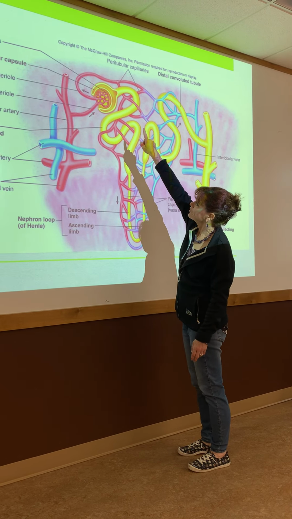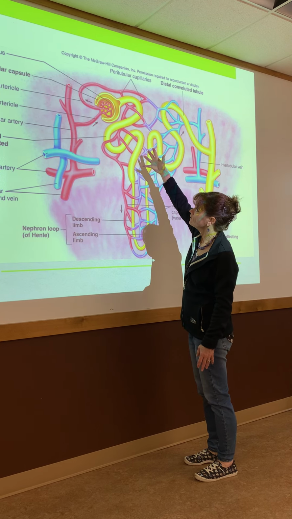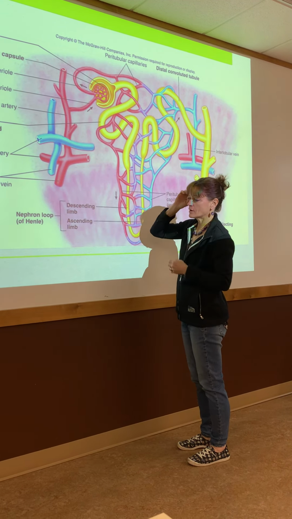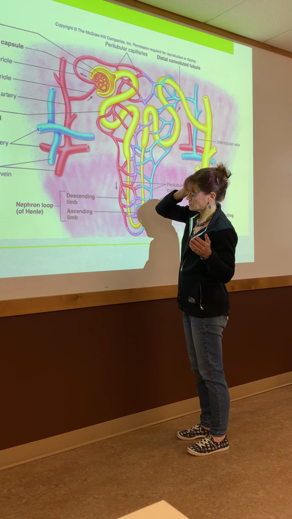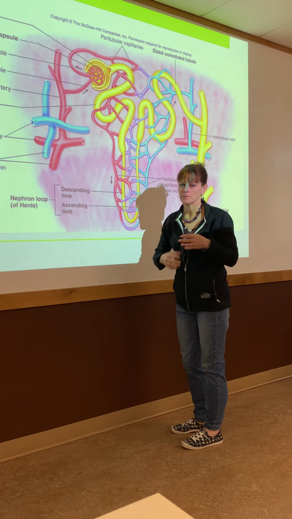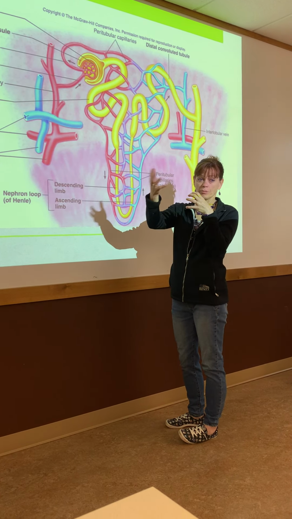So what comes out of the glomerulus is, we said, fluid, plasma, and when plasma leaks out of the blood vessels, now we have to call it something else, because it's not in the blood vessel anymore, so it can't be called plasma, so we're going to call it filtrate. Filtrate is the fluid that has been pushed out of the capillary, out of the bloodstream.